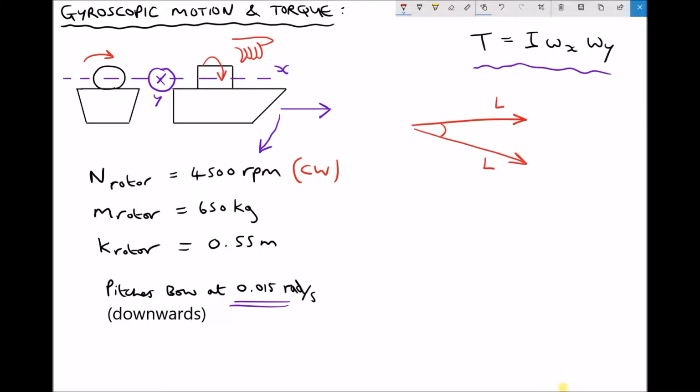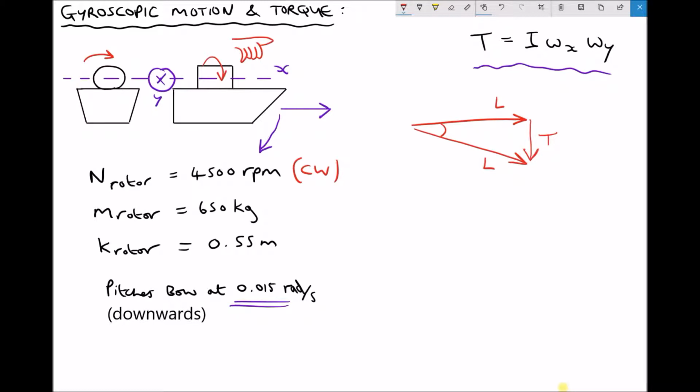So next we need to consider what's caused this change in our angular momentum vector. And if we think of the context of the boat, then in all likelihood this would have been done using a rudder or something similar. And the way that we evaluate the torque from this rudder is by connecting the original angular momentum vector to the new angular momentum vector. And I'll demonstrate this on the diagram. We have a torque acting downwards, which represents the torque applied by the rudder.